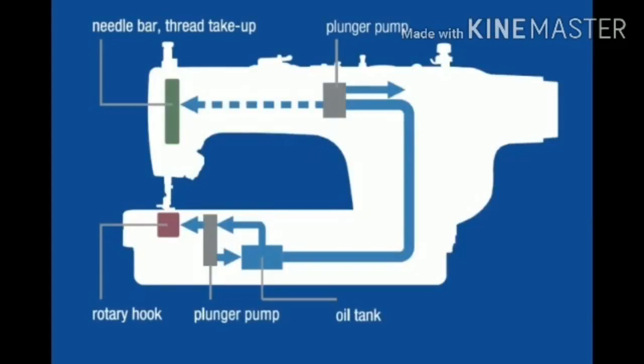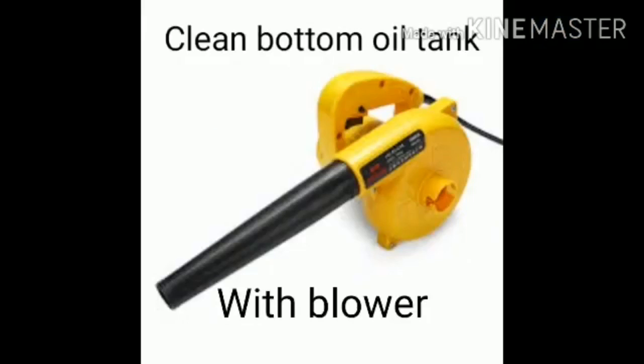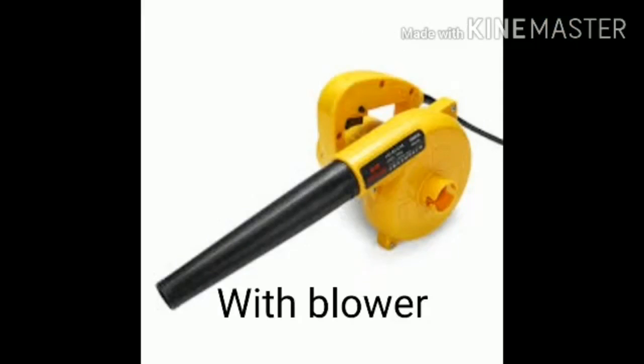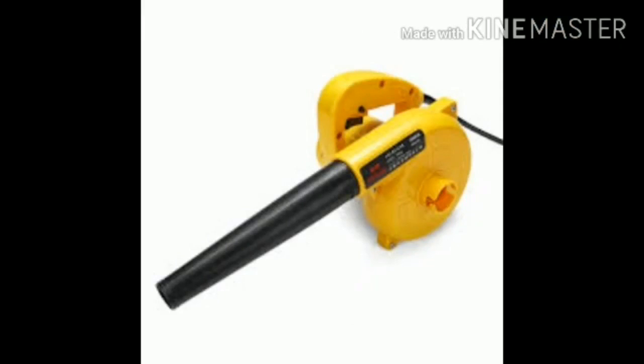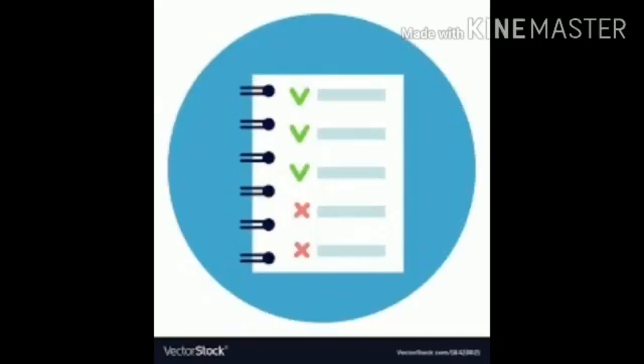The bottom oil tank is scheduled once a week as a cleaning procedure. A blower is used for checking that there are no pins, bits of cloth, bits of thread, labels, etc. in the oil tanks and at the edge of the oil tank.